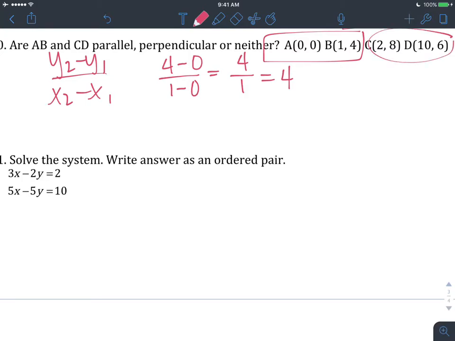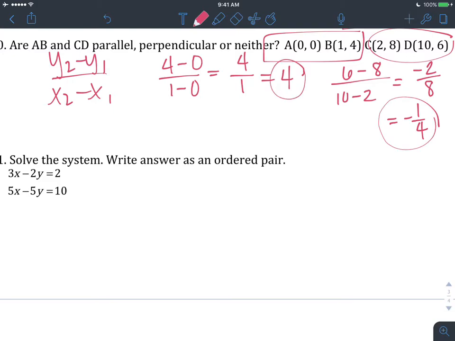Now this one: 6 minus 8 over 10 minus 2. 6 minus 8 is -2. 10 minus 2 is 8. That's going to simplify to -1/4. So we have -1/4 and we have +4, which is the same thing as 4 over 1. So one is negative, one is positive. They are flipped. So these lines are perpendicular.